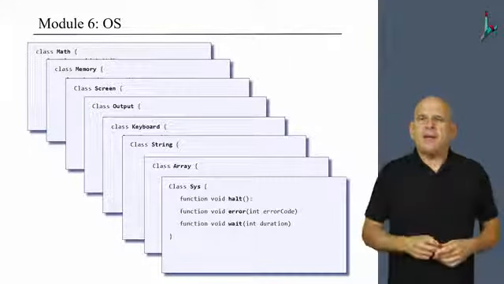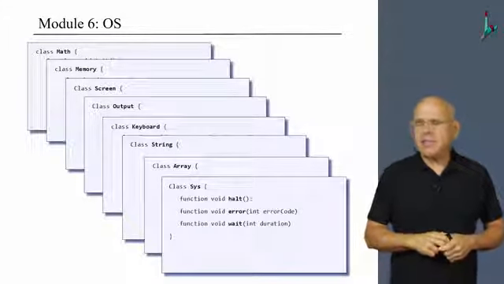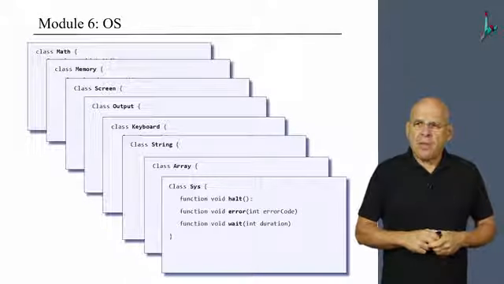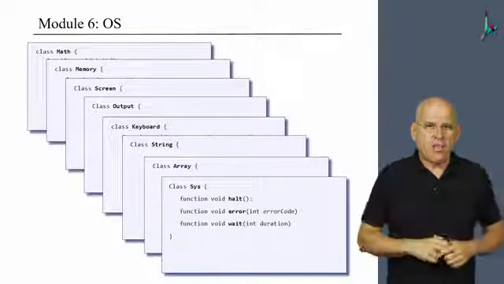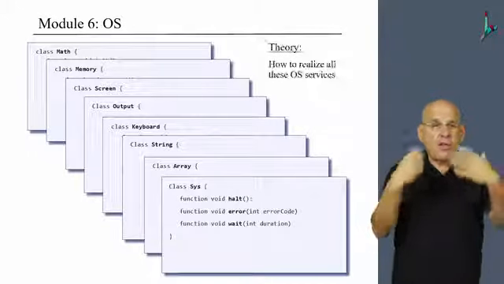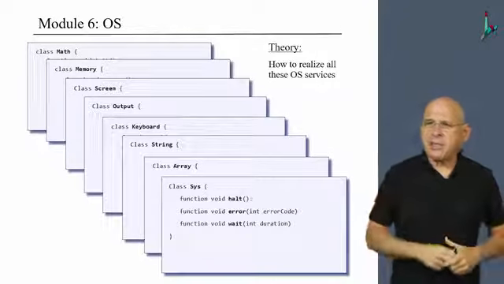As you may know, there are people who make a living from developing operating systems. And these people basically fall into two categories. First of all, they are theoreticians, people who are experts in algorithms and data structures.